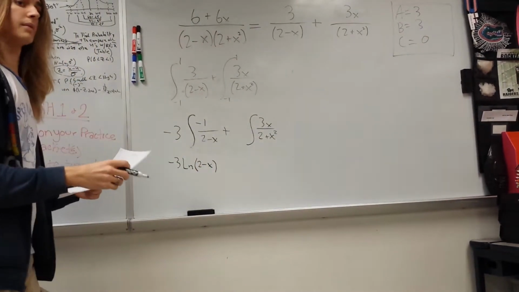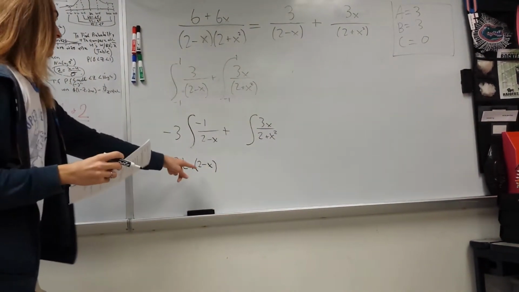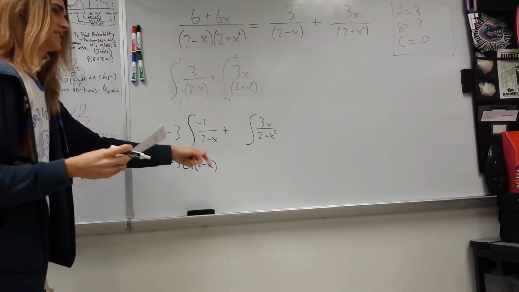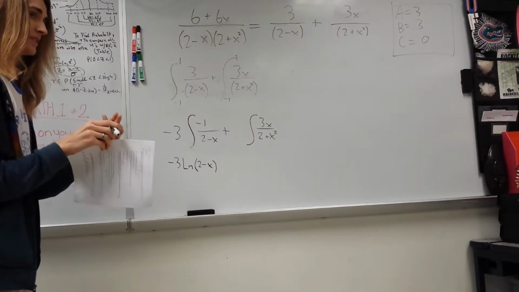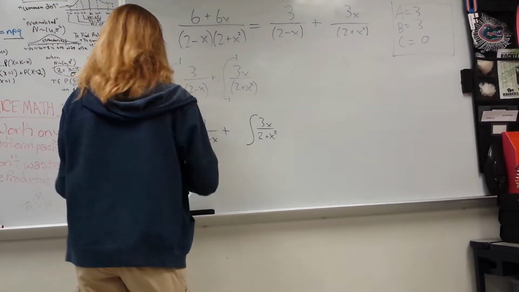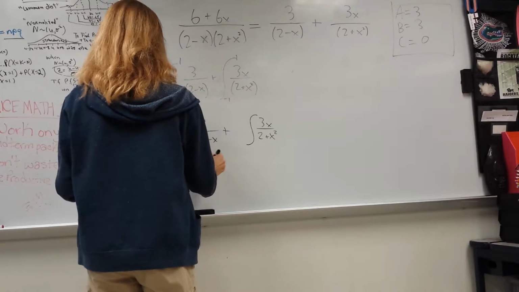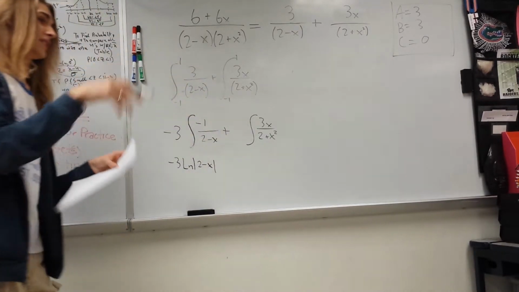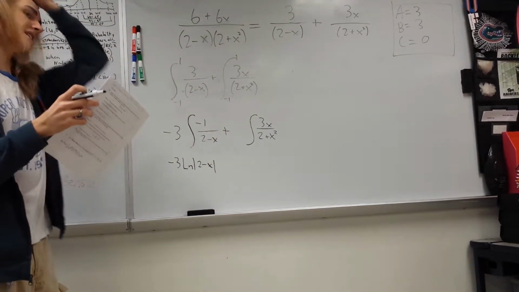Is it parentheses or absolute value? I did parentheses, but isn't it supposed to be absolute value? Yes. Alright, then I will do that, because it can't be negative. I always forget that.